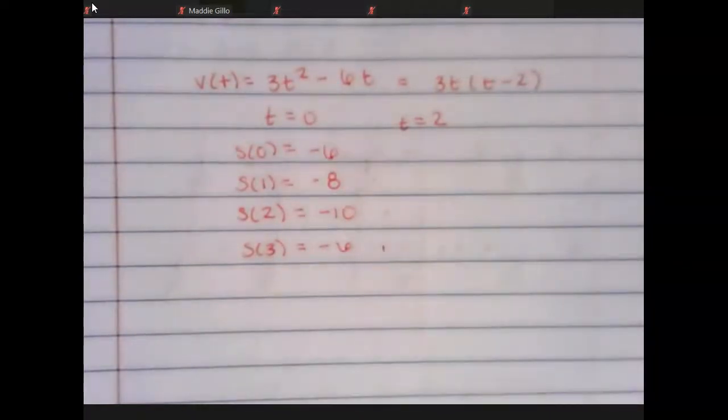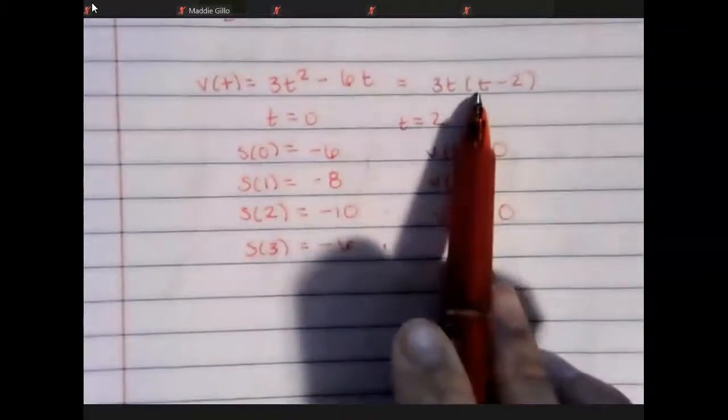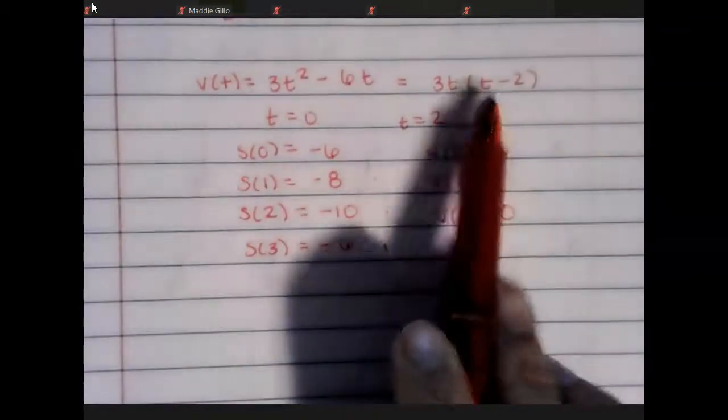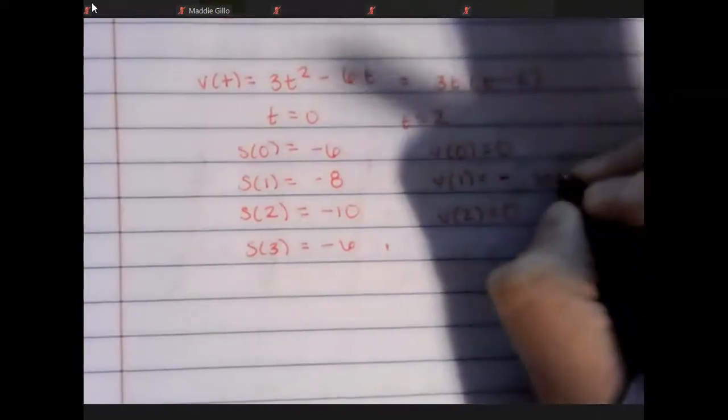And if you compared the velocity, what we know is the velocity at 0 is 0. The velocity at 2 is 0. Velocity at 1, well, 1 minus 2 is negative, so that tells me it's going left. Velocity at 3 would be positive, so that tells me it's moving to the right.